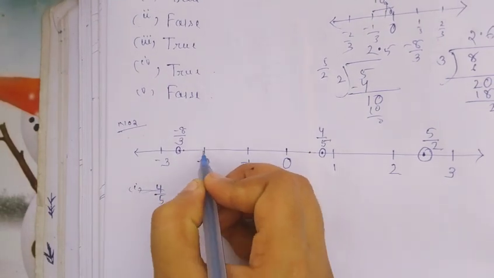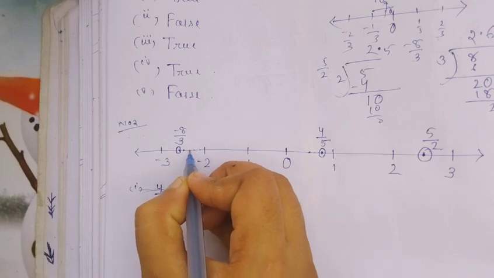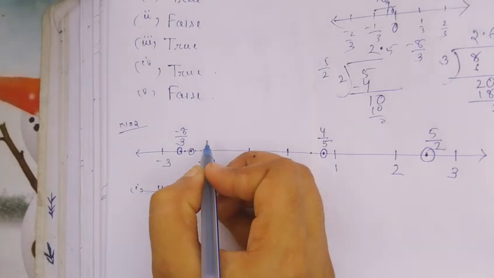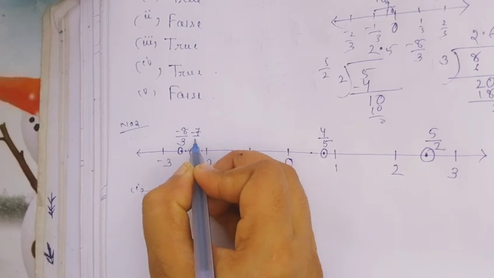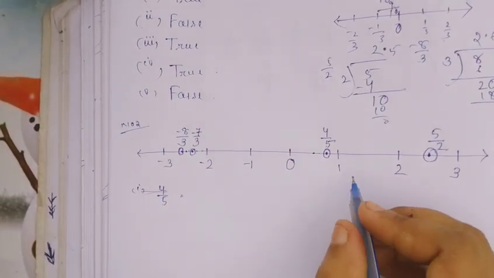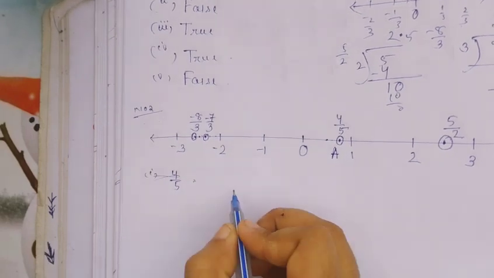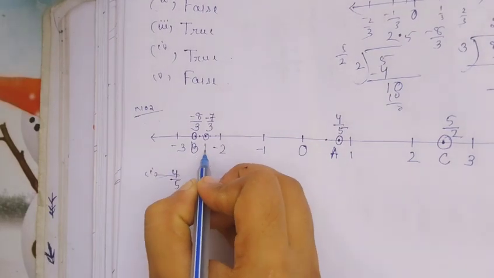Here minus 2, 1, 2, 3, 4. This is 2.3. So here we write minus 7 by 3. This is A, then B, then here is C, then D.